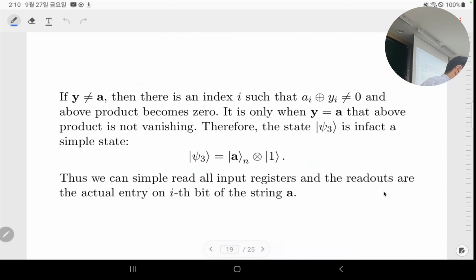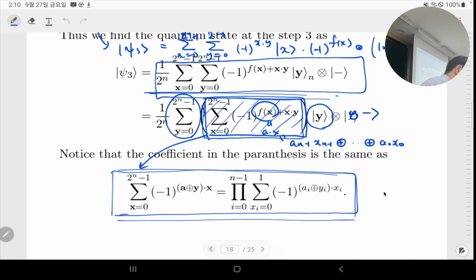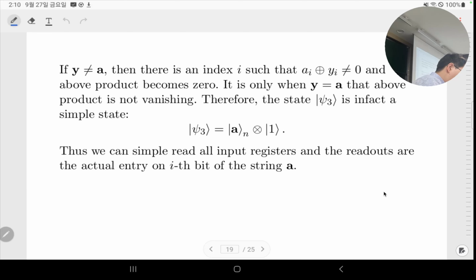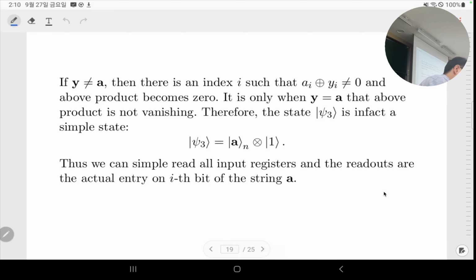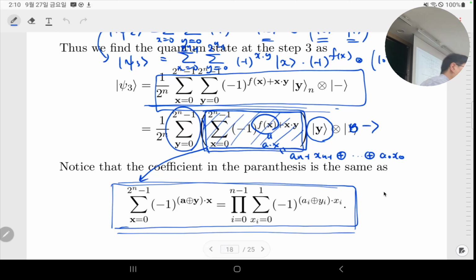So we're going to think about the result after you apply the oracle. If y is not a, let's think about what would happen. There is some index i such that ai is not equal to yi, if a is not y for some i.